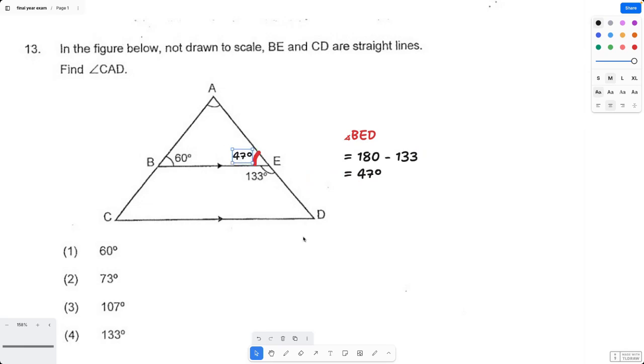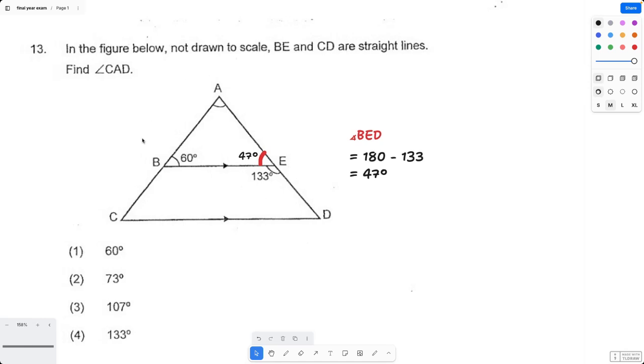So now the next part is how can we get BAE. Oh yeah, you already have that. So angle CAD, or BAE essentially, is equal to 180 minus 60 minus 47.